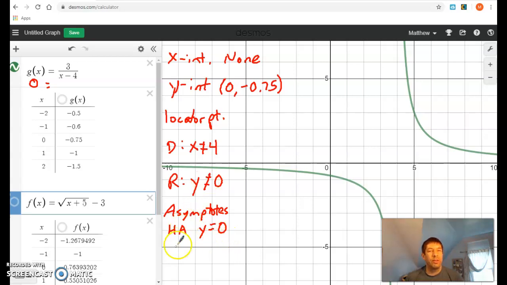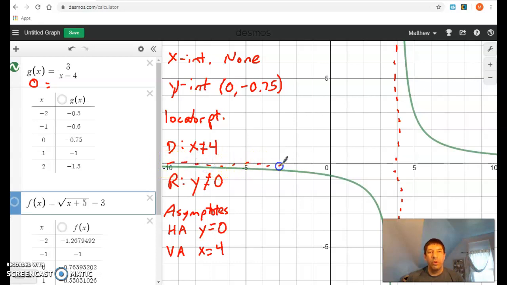That's our horizontal asymptote. Our vertical asymptote, okay, that's a vertical line. And again, we can see where that is, where this gap is. That was at x equals 4, because our graph never touched x equals 4. That wasn't part of our domain. Sometimes you might draw a vertical line in there. Sorry, that's kind of wiggly.